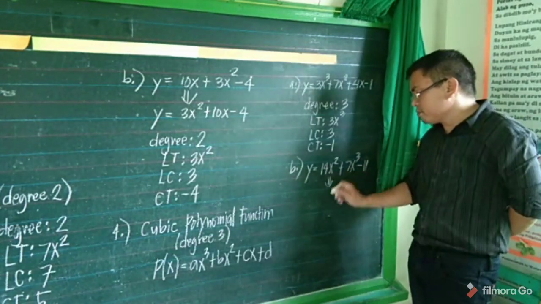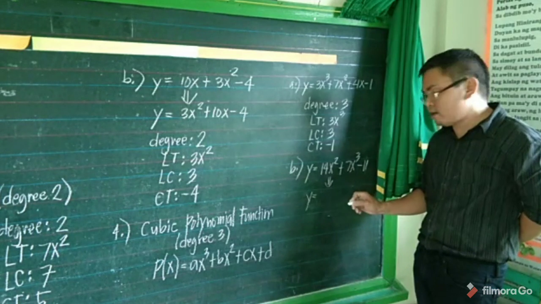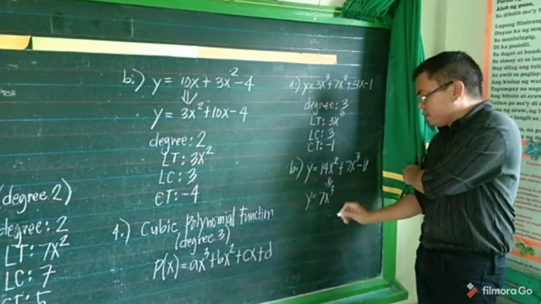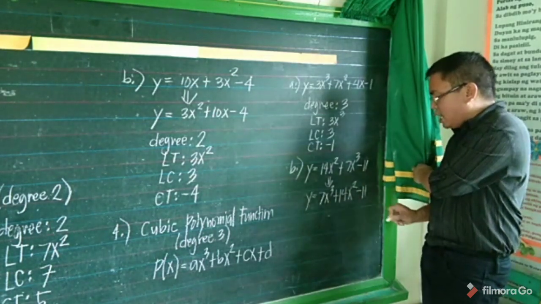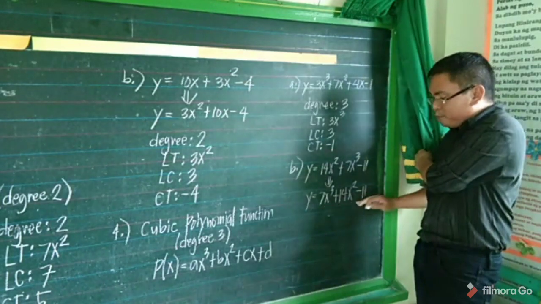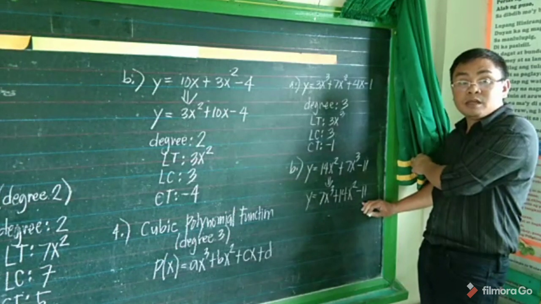You're going to rewrite it into standard form. y is equal to 7x cubed plus 14x squared minus 11. You have noticed that in this example there is a missing term.